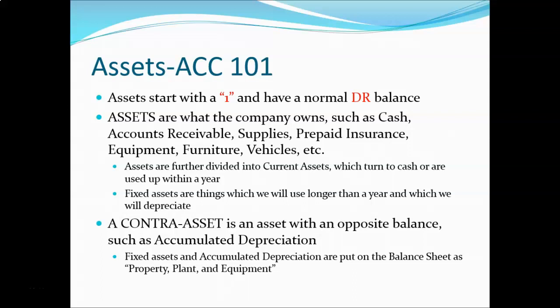Equipment is a regular asset with a debit balance. So a contra asset, such as accumulated depreciation, equipment, is going to be attached at the hip to equipment, but it has an opposite balance, or a credit balance. So we need to make sure that accumulated depreciation of equipment is put on the balance sheet along with the equipment, but that it's subtracted because it has an opposite balance.